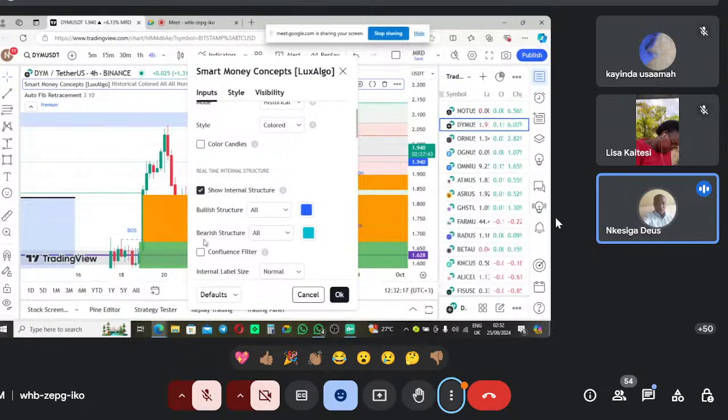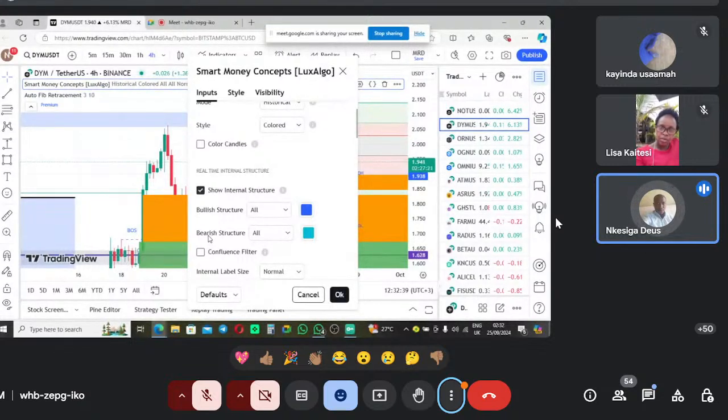Now here we have bearish. It is representing the bearish. It is the downtrend. Market is down. When you see the bear, the market is going to drop. That's what it means.